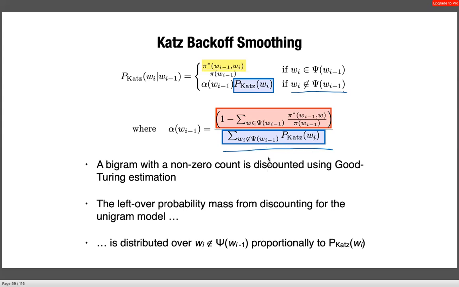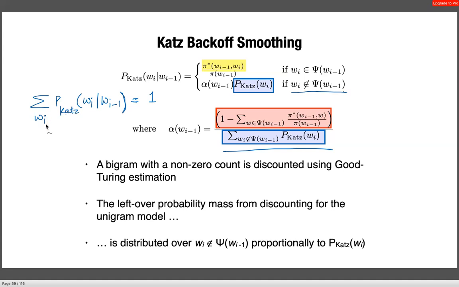Now you should see that here we obviously want the sum of the Katz probability of w_i given w_{i-1}, when you sum over w_i, to be 1. So you want this entire distribution to sum up to 1 when you sum over all w_i.